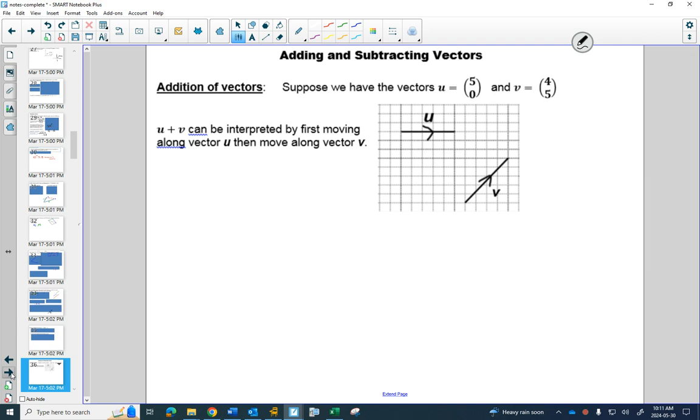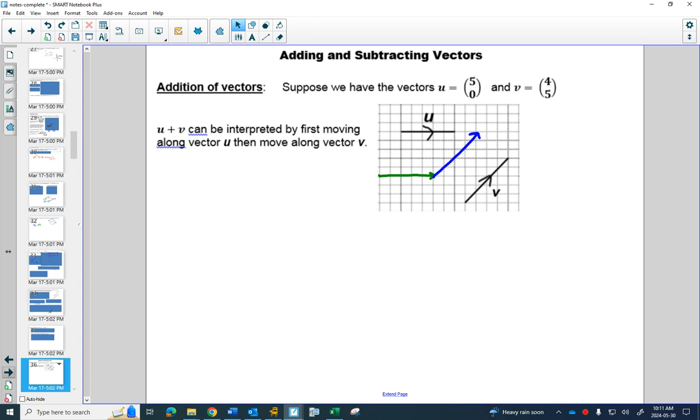What does U plus V mean? Well, if I draw U in green, and I draw V in blue, this is what U plus V means.